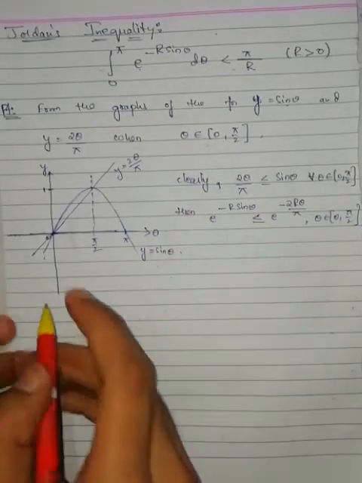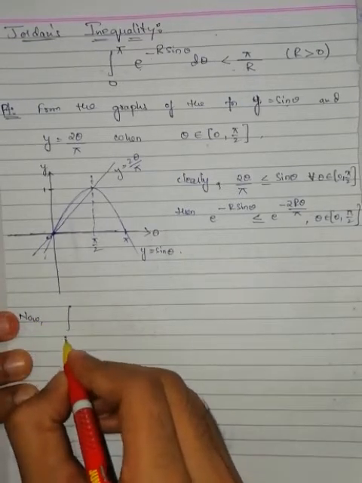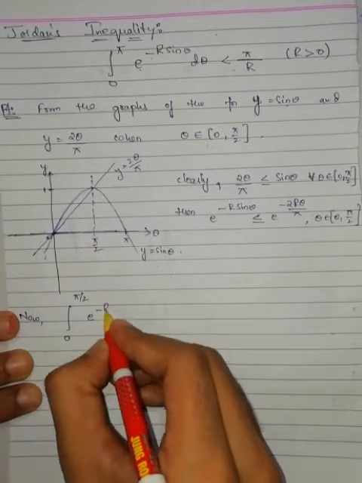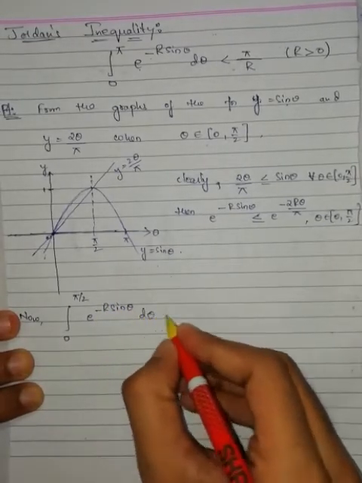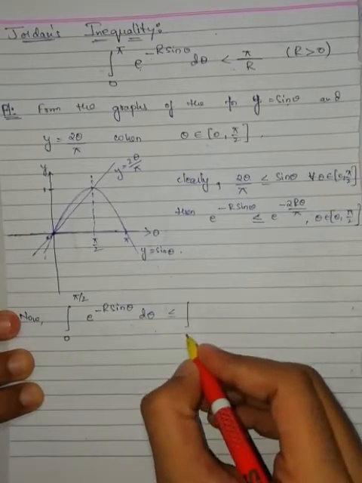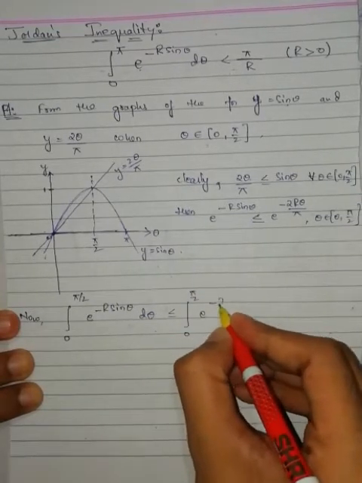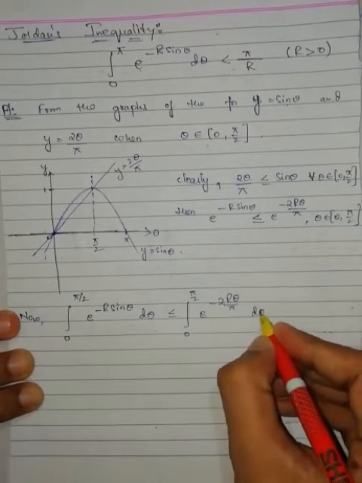Now taking integration on both sides. Now integration 0 to pi by 2 e to the power of minus R sin theta d theta is less than or equal to integration 0 to pi by 2 e to the power of minus 2R theta by pi d theta.